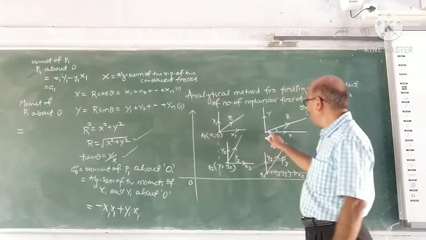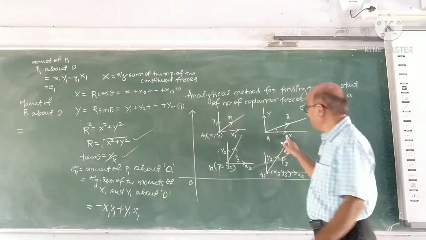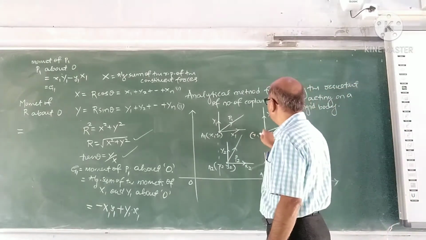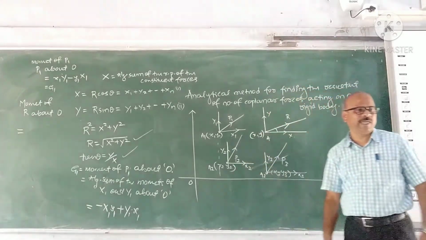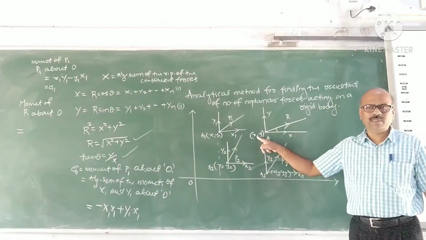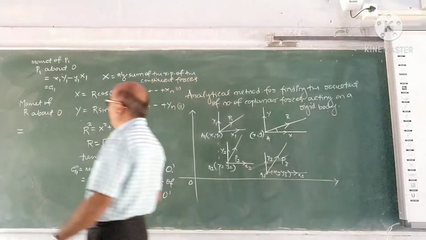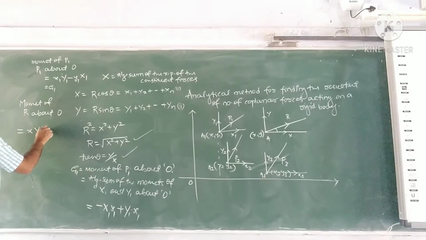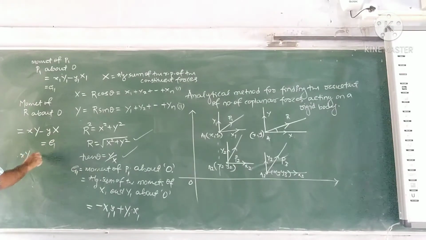We take this point as small x, y. The x1, y1, x2, y2 are used for the points of application, so we take this as small x, y. Then the moment of R about O is small x into capital Y minus small y into capital X. Suppose it is equal to G. Therefore, xY minus yX is equal to G.